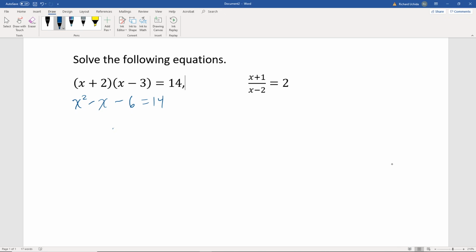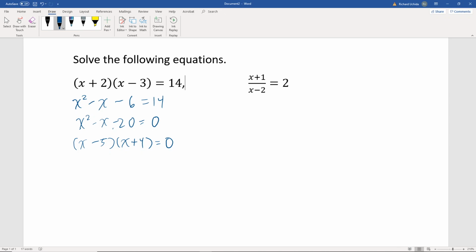So let's subtract 14 from both sides of the equation. So we'd have x squared minus x minus 20 equals 0. And then we would first see, can we factor? And if not, we'd use the quadratic formula. So this one does factor, so we'd have x minus 5 times x plus 4 equals 0.